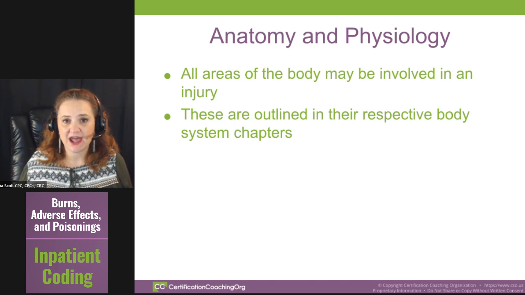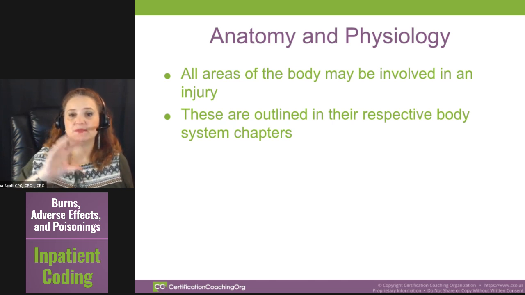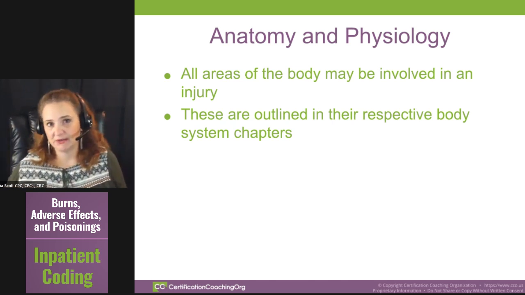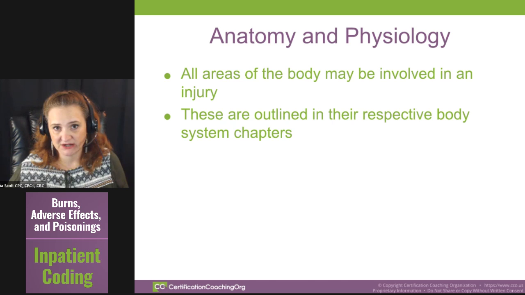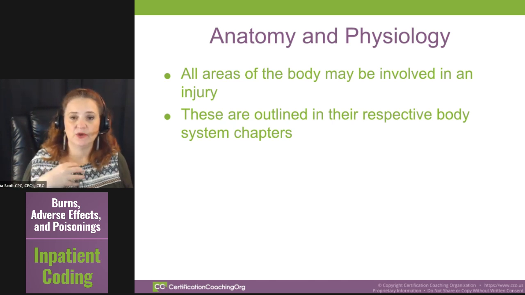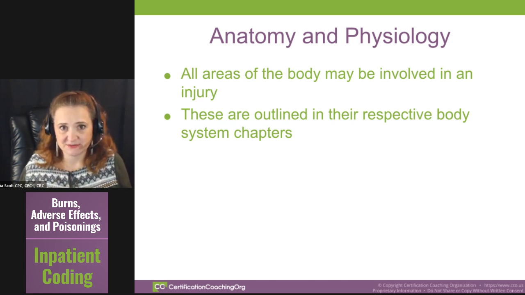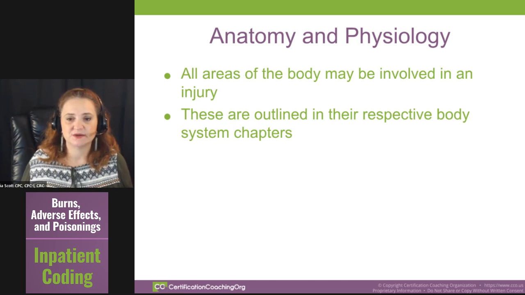When that happens, then you're going to go to that particular body system. So if we have an injury for a caustic burn to the arm, well, then we're going to be coding for the burn, but we're also going to be coding codes in the integumentary system, right? If we have a caustic ingestion of a chemical, then the digestive system is going to be involved, right? So think of it that way.